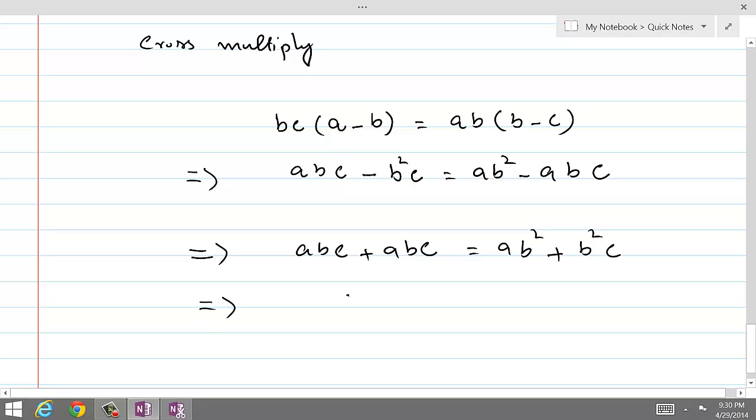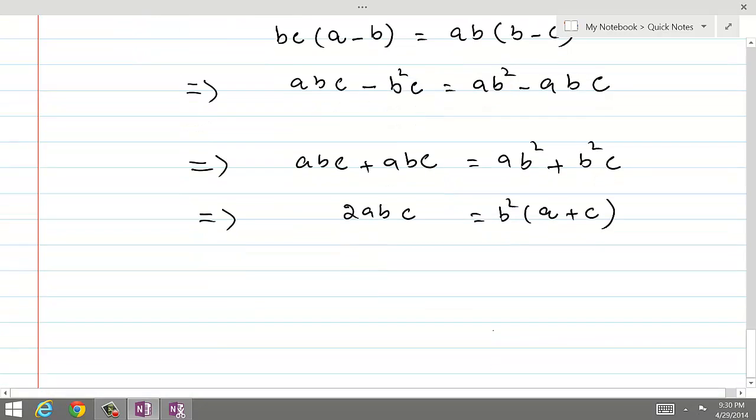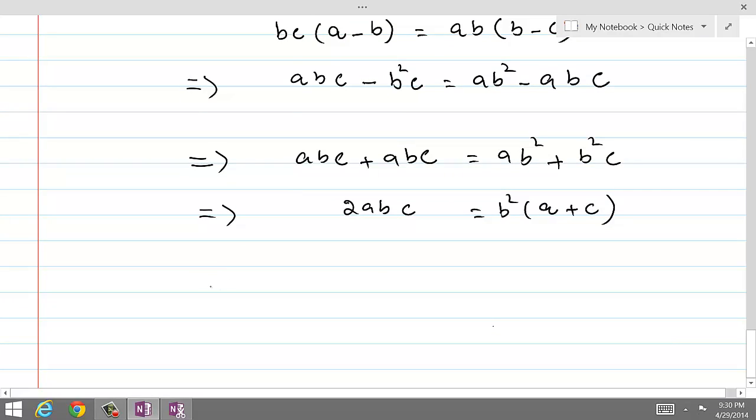This means 2ABC is equal to B square into (A plus C). And from here, if we cancel out B from both sides, this will leave us 2AC is equal to B times (A plus C).